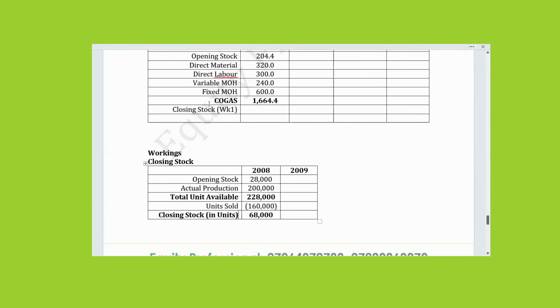So the closing stock in 2008 will become opening stock in 2009. So as at 31st December 2008, the unsold stock was 68,000. So as you move to 1st January 2009, the closing stock will become opening stock.